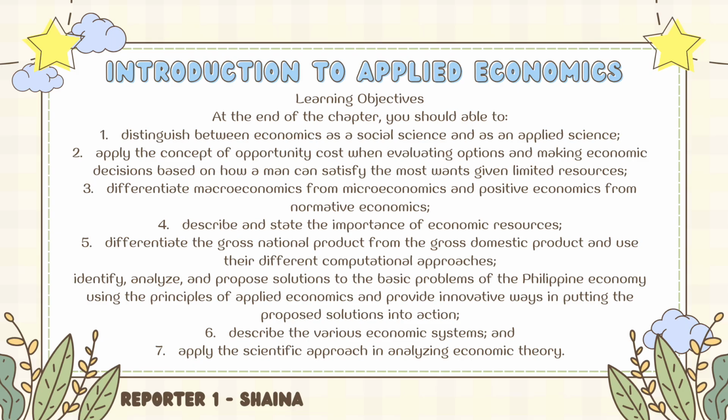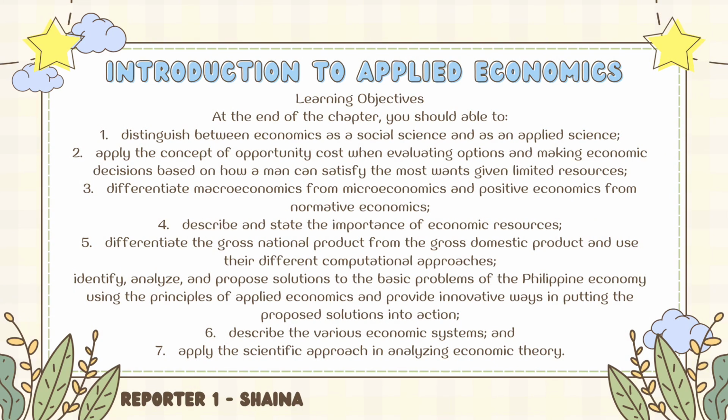At the end of the chapter, you should be able to, first, distinguish between economics as a social science and as an applied science. Second, apply the concept of opportunity cost when evaluating options and making economic decisions based on how a person can satisfy the most wants given limited resources.